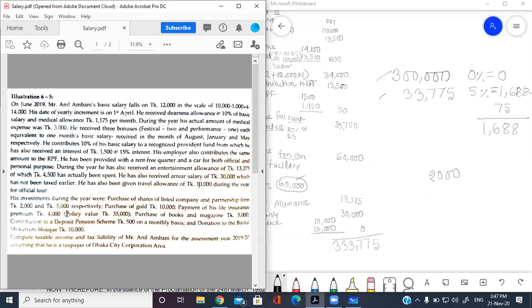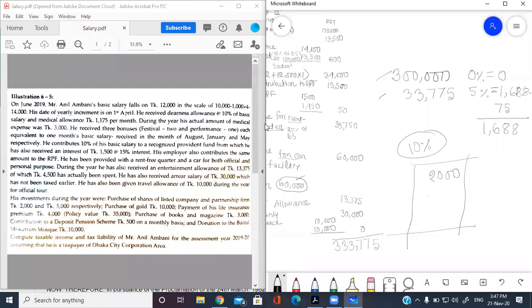For investment tax rebate, how much life insurance premium can be included in the eligible amount? The answer is maximum 10% of the policy value. So you need to look at how much is the policy value. 35,000. So what is 10% of 35,000?